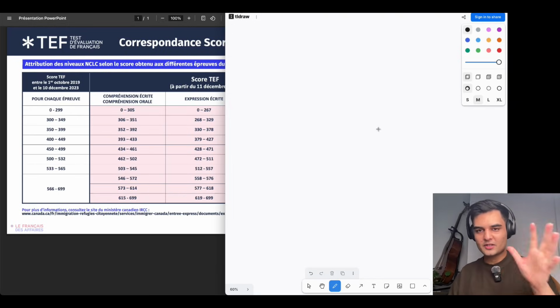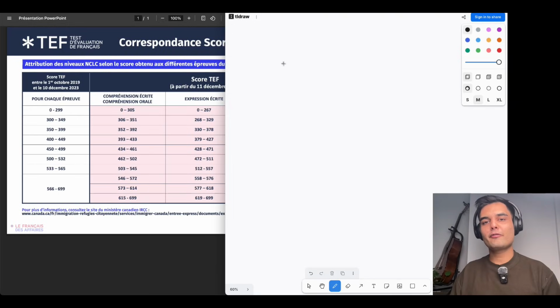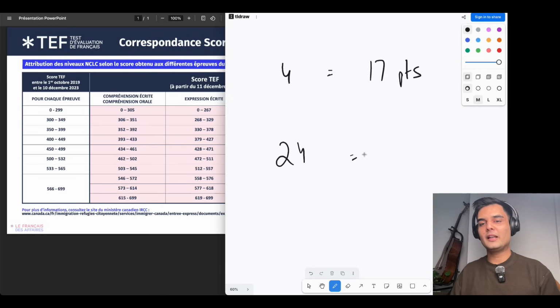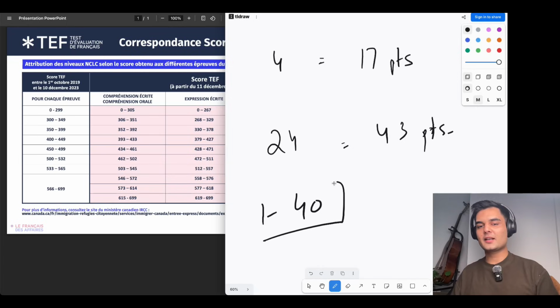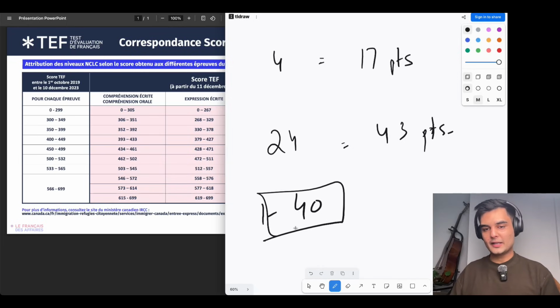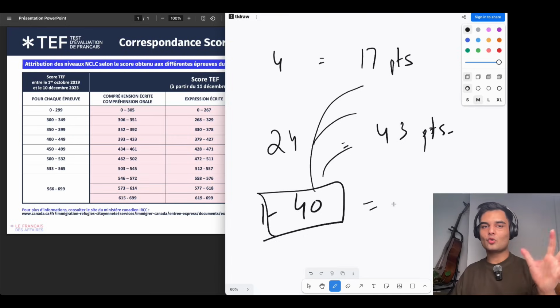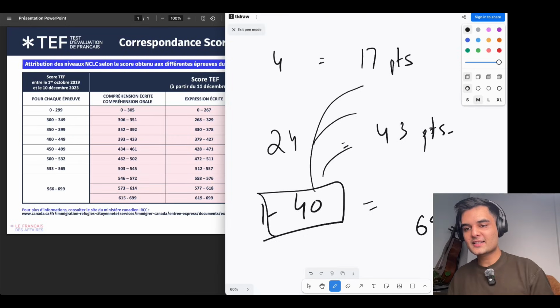For example, question number 4 will have 17 points, question number 24 will have 43 points. Questions 1 to 40, whichever ones are correct, those correct answers are multiplied with their individual points and you get a total score out of 699.